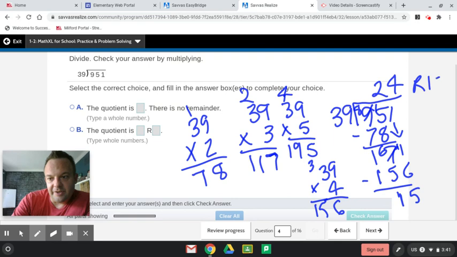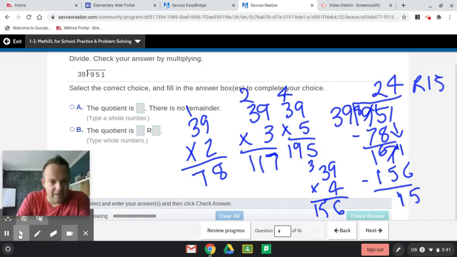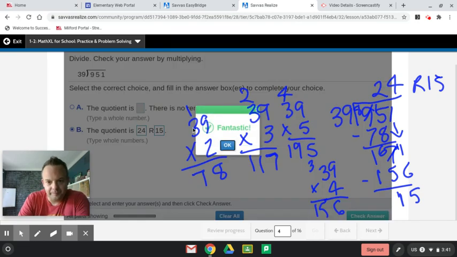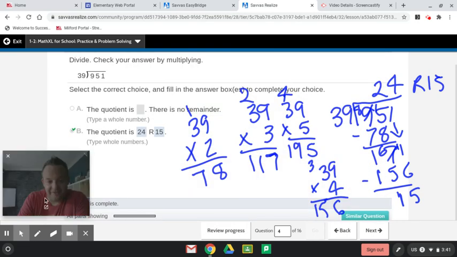Remainder 15. And to check this, you go 24 times 39 plus 15, and it should equal the dividend of 951. Let's see. 24, remainder 15. Fantastic.